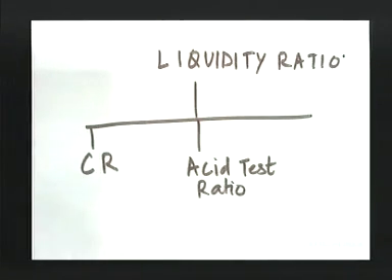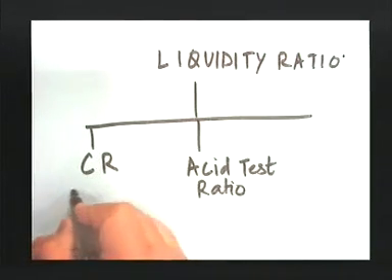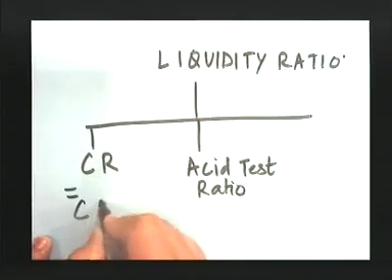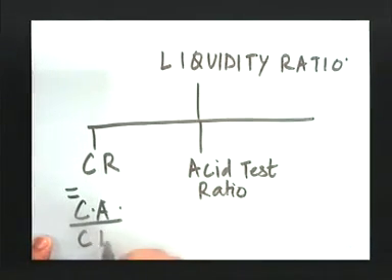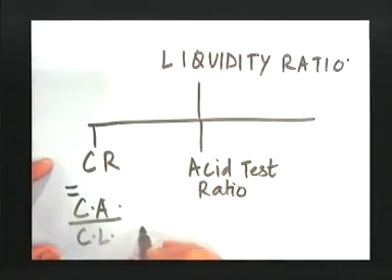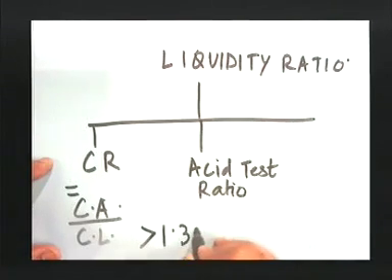Now, current ratio is nothing but the ratio of current assets to current liabilities. Current ratio is nothing but current asset, we write it CA, divided by current liability CL. And for construction companies, experts suggest that this ratio must be more than 1.3:1.